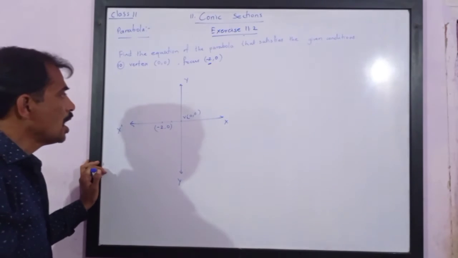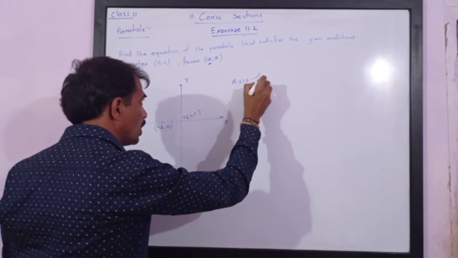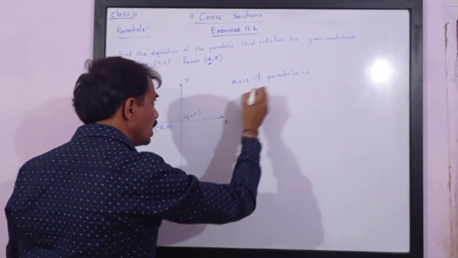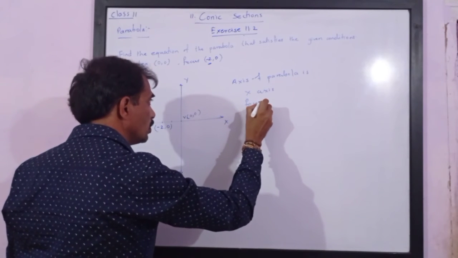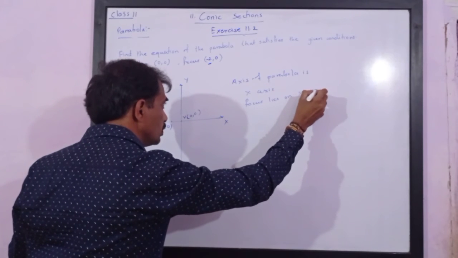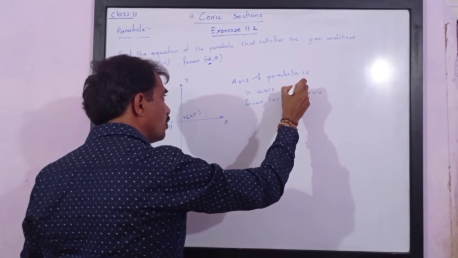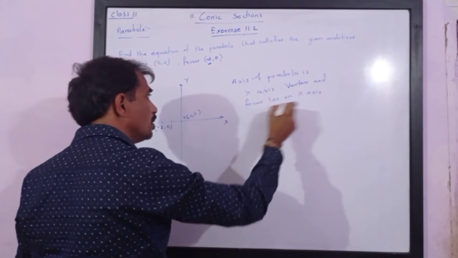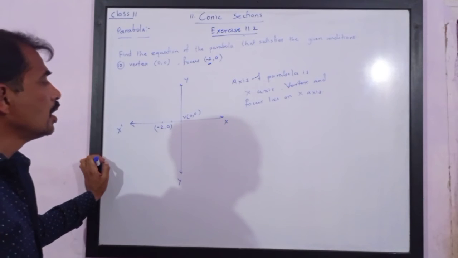It means the axis of the parabola is the x-axis. The reason is the vertex and focus lie on the x-axis. So the axis of the parabola is the x-axis.